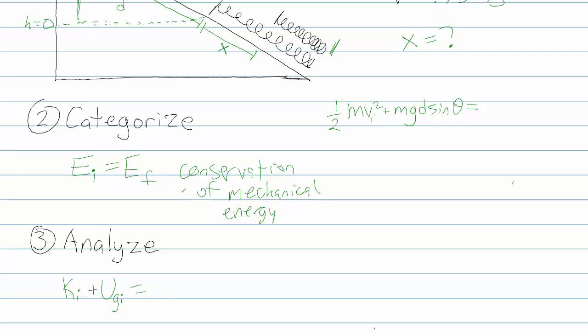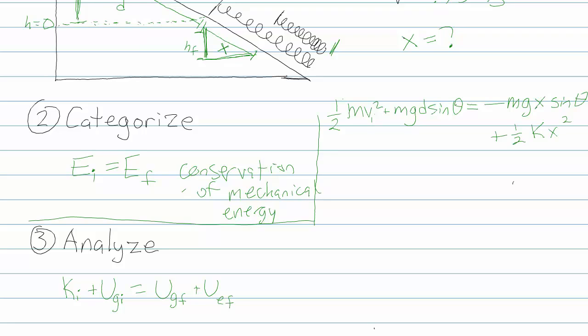At the end, then, we'll also have gravitational potential energy because we're going to be below the level of the spring. We're going to be below the level of the spring by this much, and that'll be our height final. Whereas, of course, our height initial is this height. And of course, we'll have our elastic potential energy left over at the end as well.